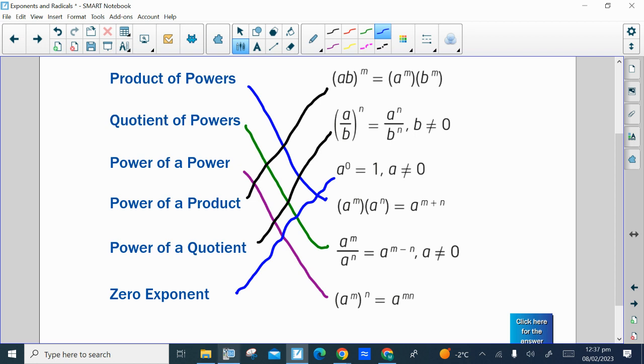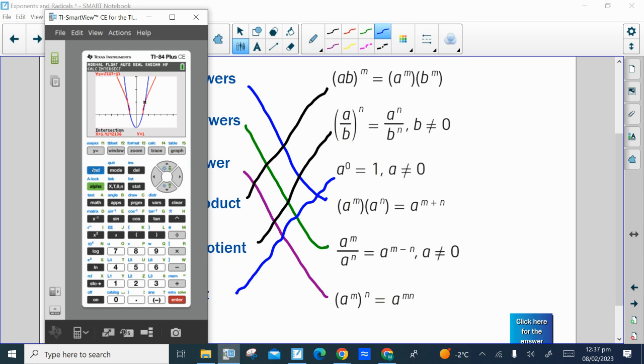You can do that on your calculator. Using a base as an exponent, 5 to the power 0 equals 1. You could have 1,000 to the power 0. That still equals 1. Doesn't matter how big the base is. Anything raised to the power 0 equals 1.